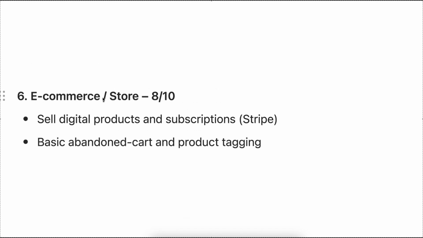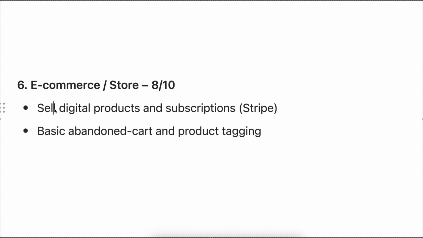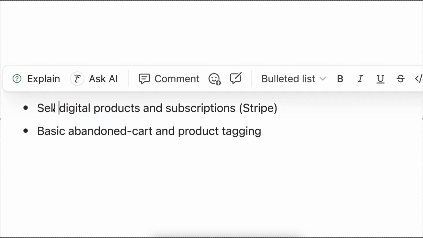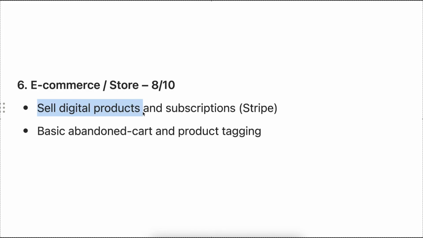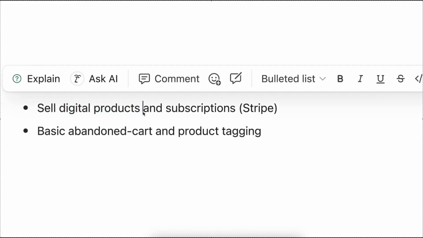When it comes to e-commerce, you have all of the basic integrations with WooCommerce, Shopify, all that. And also, MailerLite actually allows you to, even if you don't own any store, sell digital products just by using MailerLite.